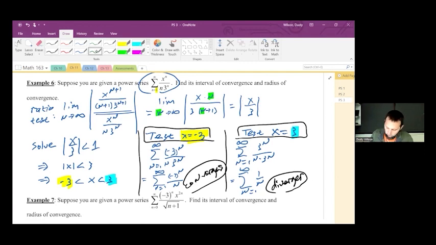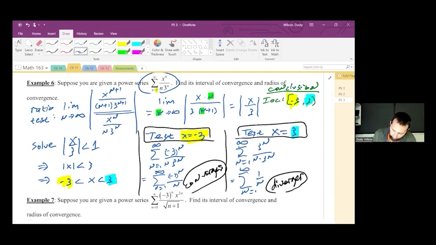So our conclusion is going to be that our interval of convergence goes from including -3 to 3, but excluding 3. So I include the -3, exclude the +3, and of course include everything in between.